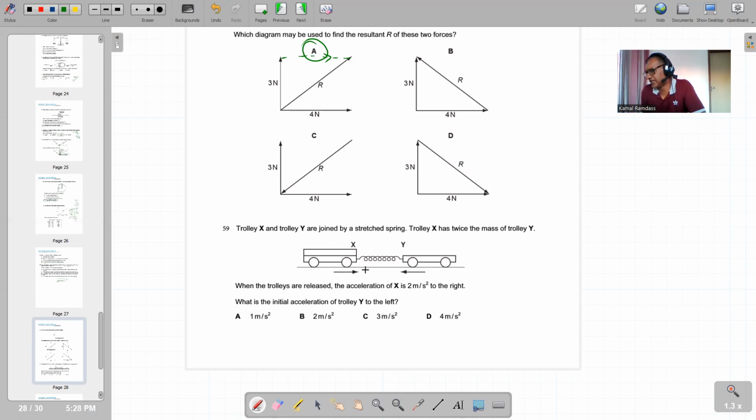The force in this direction is mass of X multiplied by 2 meters per second squared. And what is the initial acceleration? It equals mass of Y multiplied by acceleration of Y. But mass of Y is equal to half mass of X, so the acceleration of Y is 4 meters per second squared.